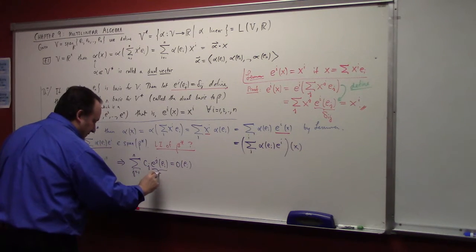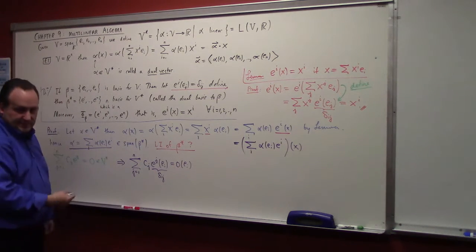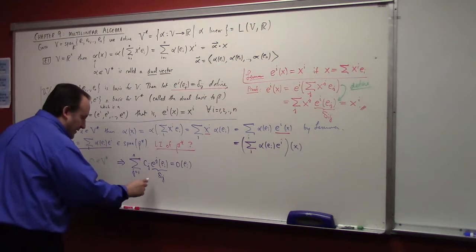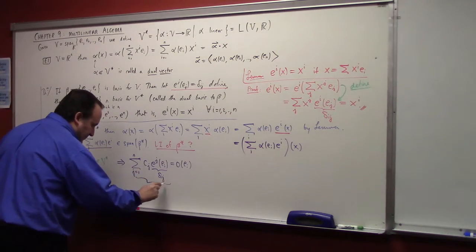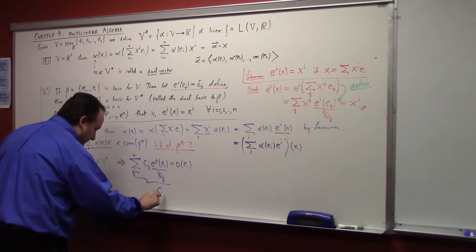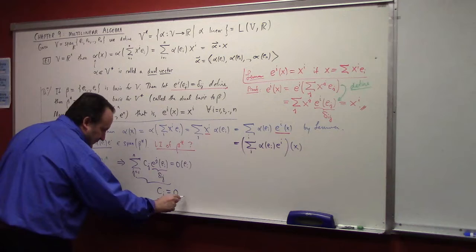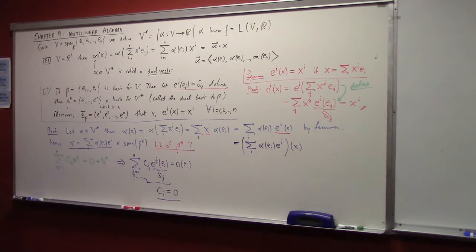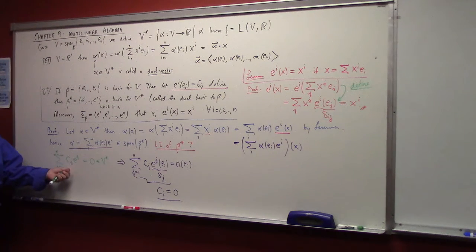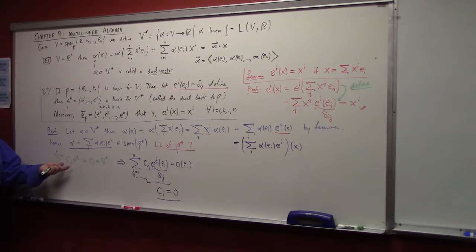But this is Kronecker delta ij by construction, by definition. And so this all simplifies down to c_i. But on the other hand, the zero map on anything is 0. So we've just shown that the i-th coefficient in this trivial combination is necessarily trivial. The only combination which adds to 0 is the trivial combination itself. Therefore, beta star is linearly independent.